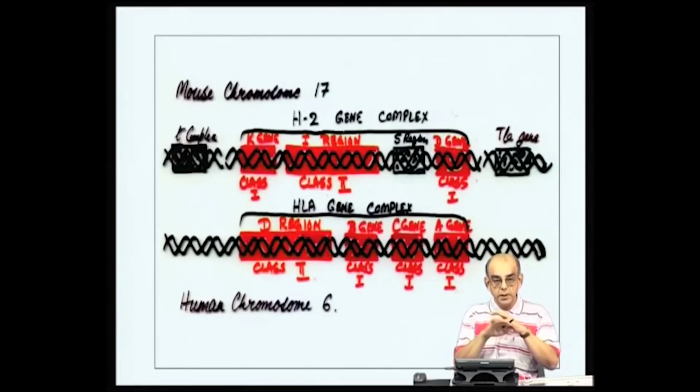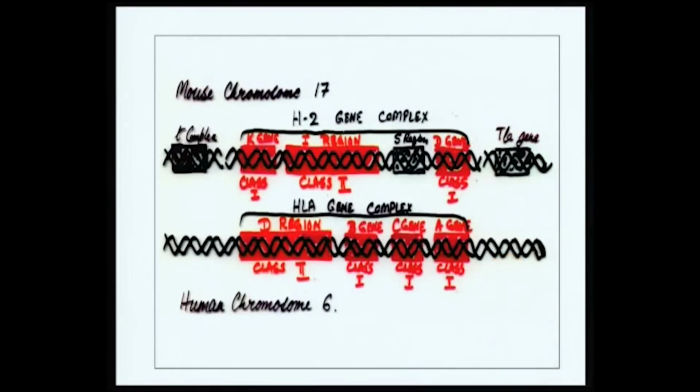So, if you were to take different mice of the same inbred strain from a colony, let us say in a mouse cage, and check their DNA, you would find that all the DNA would be the same. So, they were all homozygous. That is what an inbred strain of mouse is.